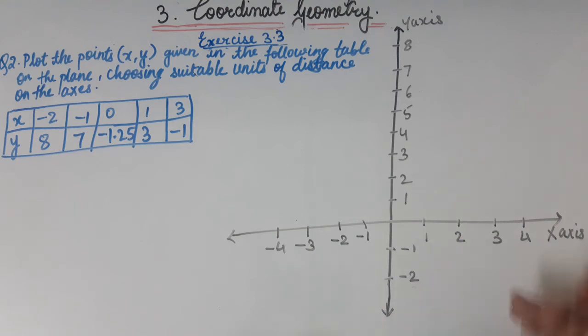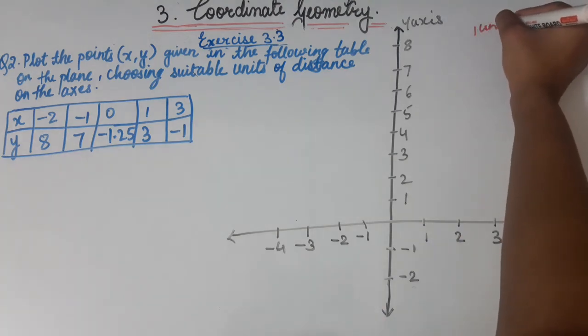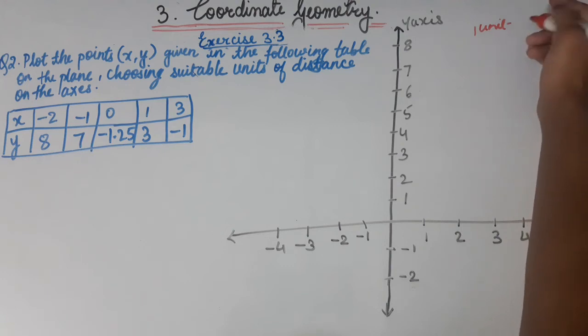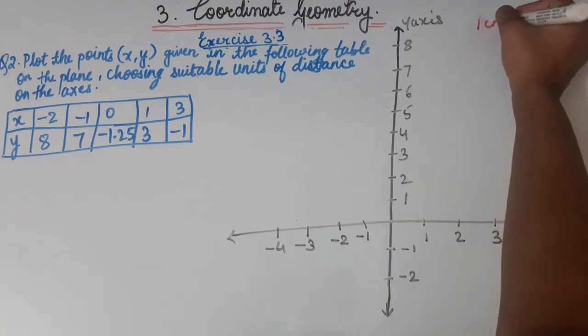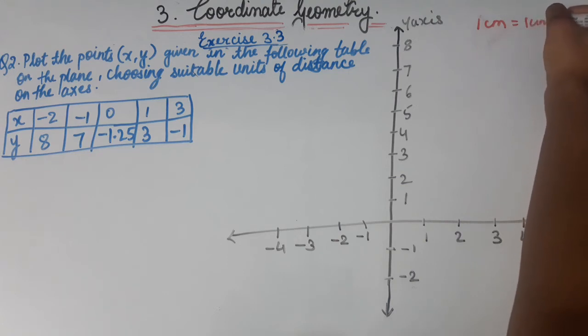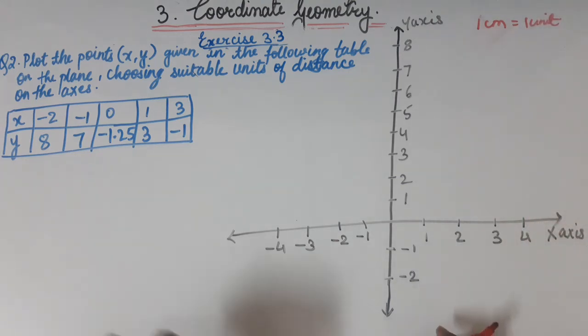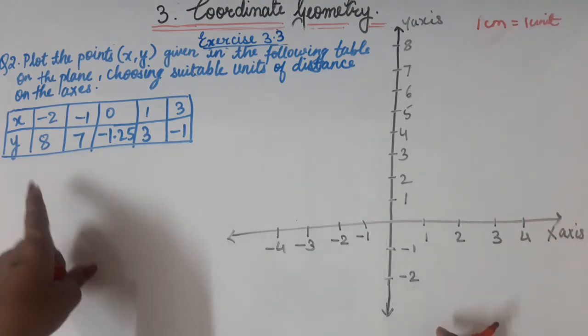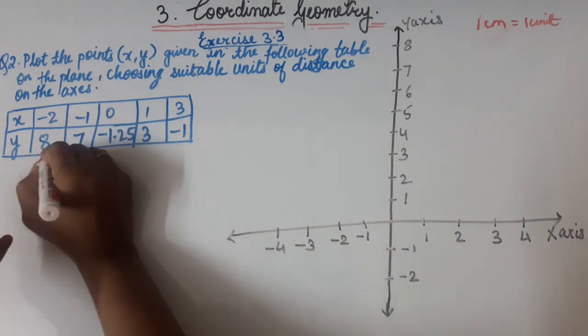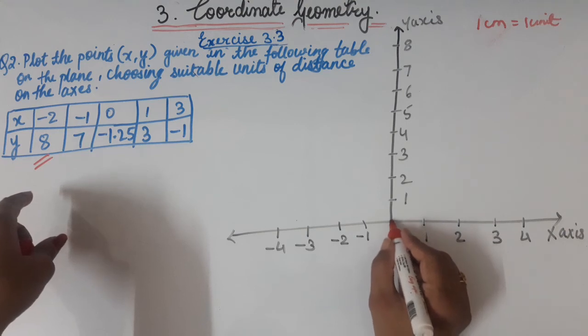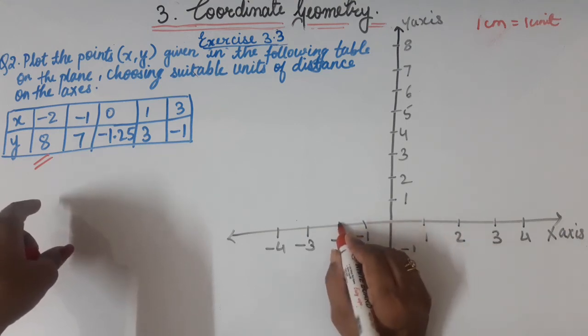Now our scale will be 1 division equal to 1 unit, right? 1 centimeter equal to 1 unit. Okay, now (-2, 8). Minus 2, so from the origin you will go to the left side, you will reach here.